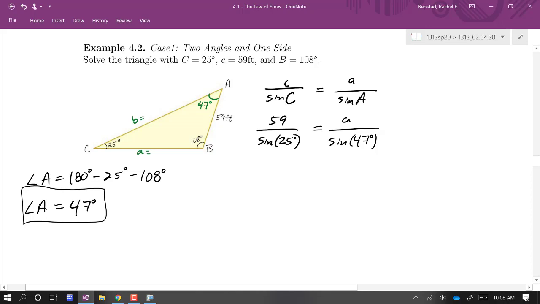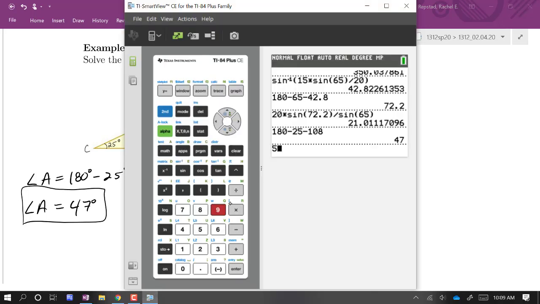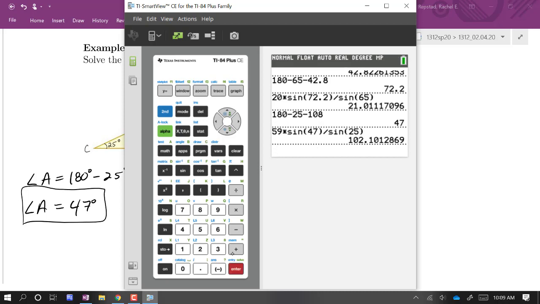If we're using law of sines to solve for a side, it's really just a simple multiplication that we need to do. So A is 59 times sine of 47 degrees divided by sine of 25 degrees. And we get 102.1.